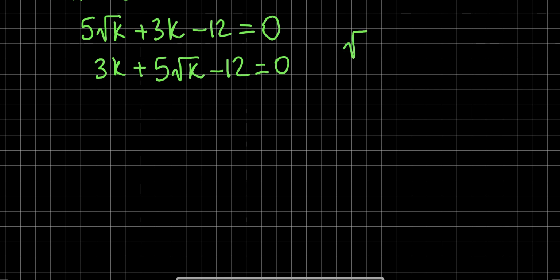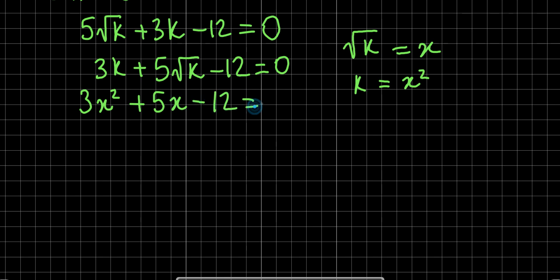So the square root of k is going to be x, and if we square it, we would just have k, and that's going to be x squared. So I'm going to rewrite this: 3x squared plus 5x minus 12 is 0.